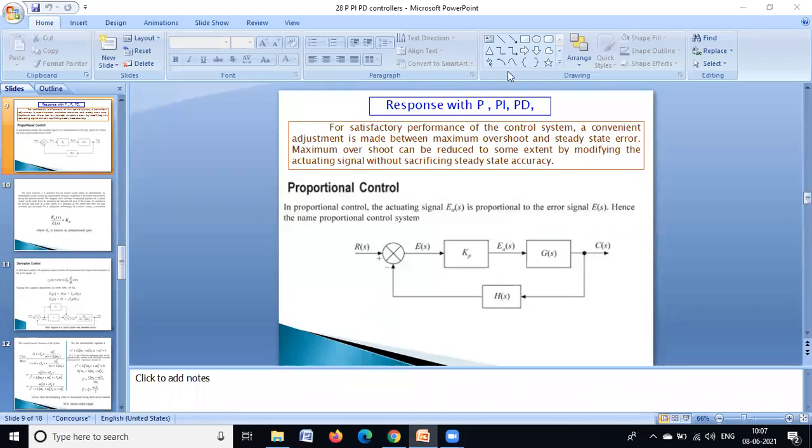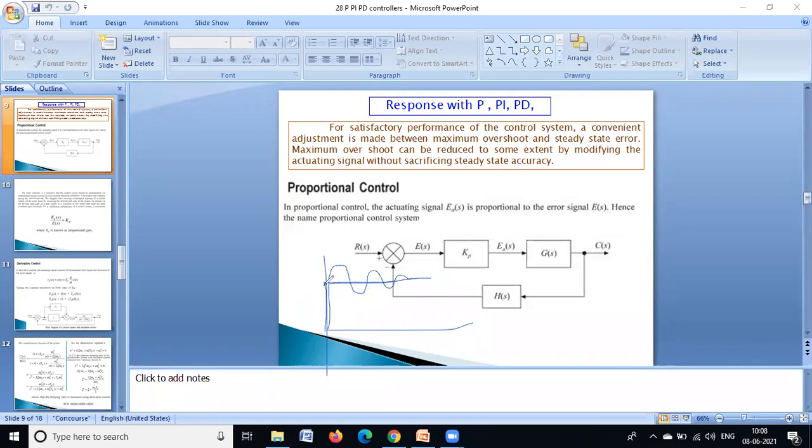This is the response we have seen in the previous classes, a damped oscillatory response before it reaches the unit value. An oscillation takes place and finally it reaches the settling value.